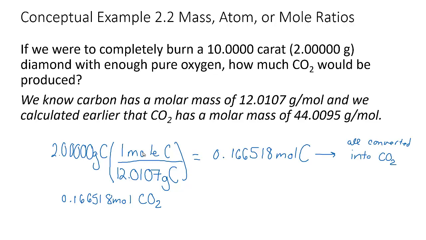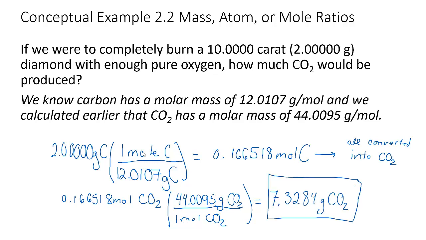Go ahead and give it a try. Try and write a conversion factor that would allow you to convert from moles of carbon dioxide to grams of carbon dioxide. I hope you used this molar mass here. So we'd set it up to look like this. Now gram is on top and 1 mole is on the bottom. And that's because you want your moles to cancel out. You just multiply them, and now you know how many grams of carbon dioxide you have.